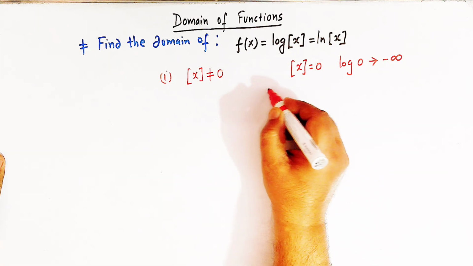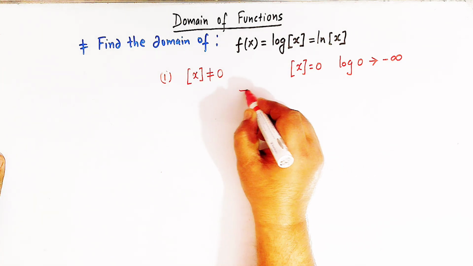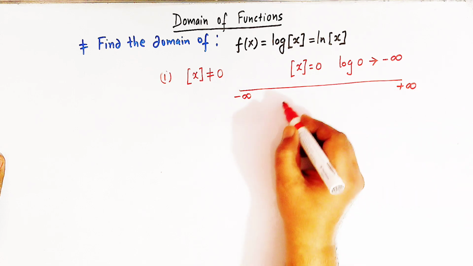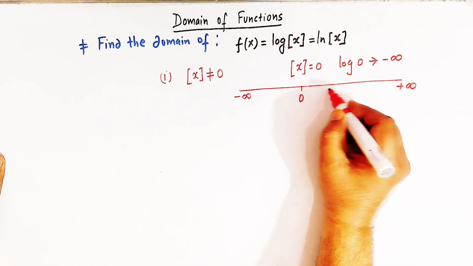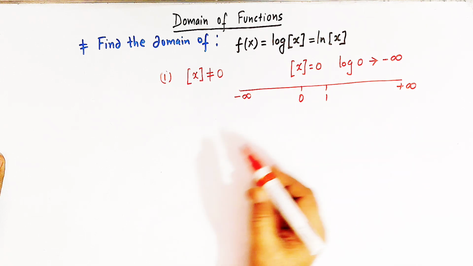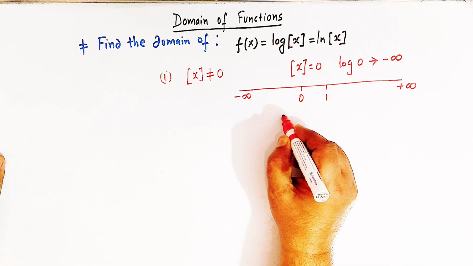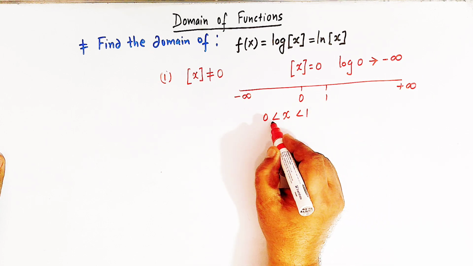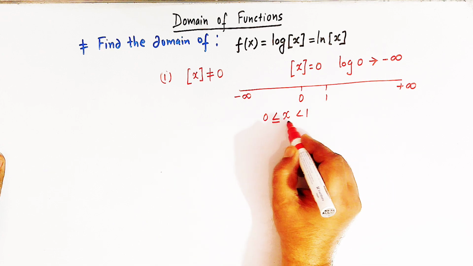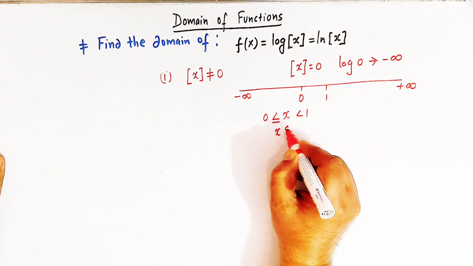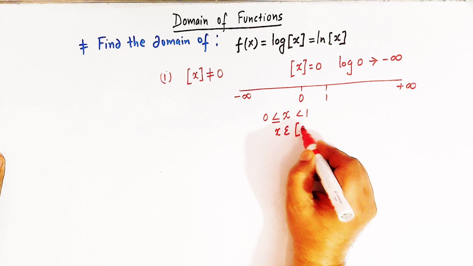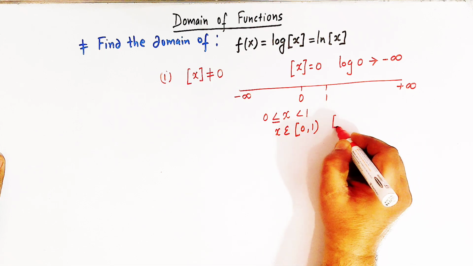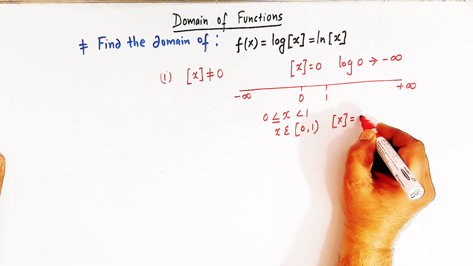Now to understand this point, let us draw the real number line, and here we have 0 and here we have 1, right? Whenever x lies between 0 and 1, including 0, then for all values of x in this interval, the value of the greatest integer of x is equal to 0.